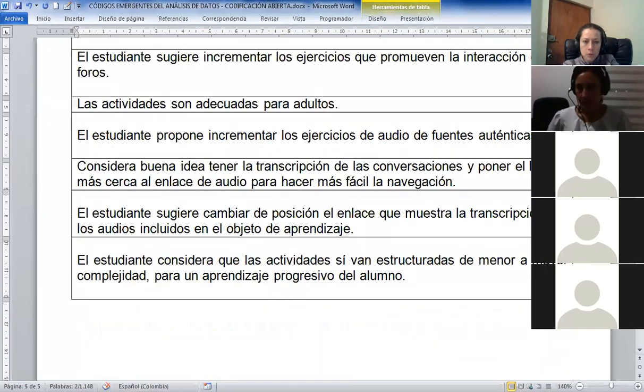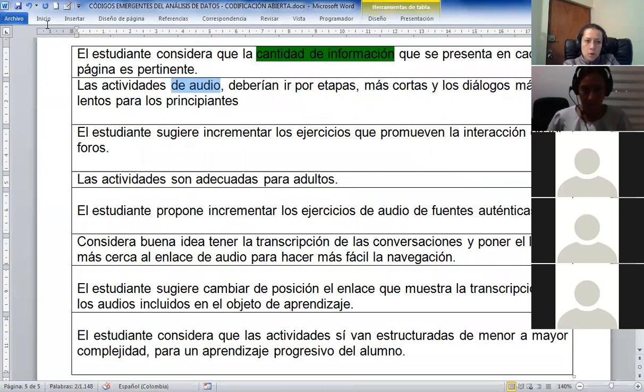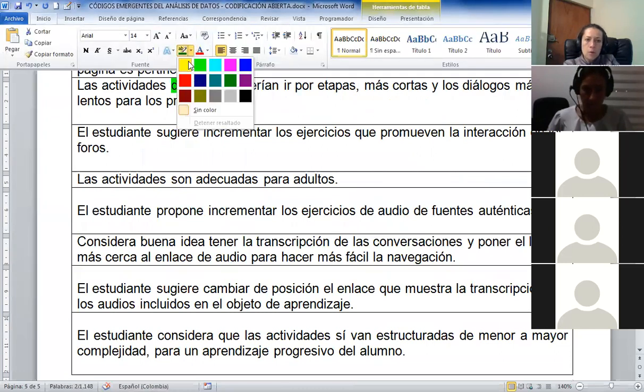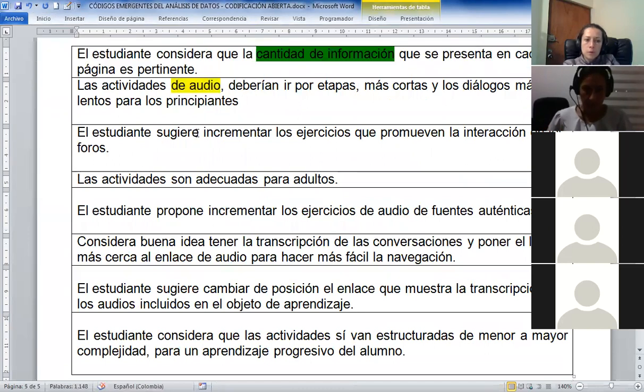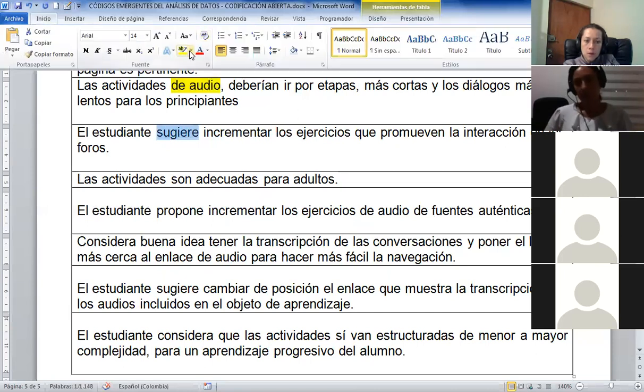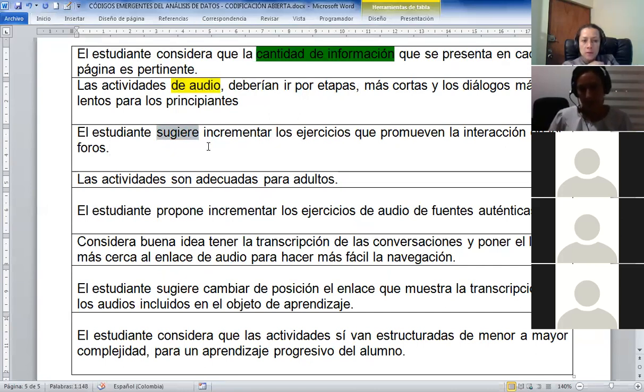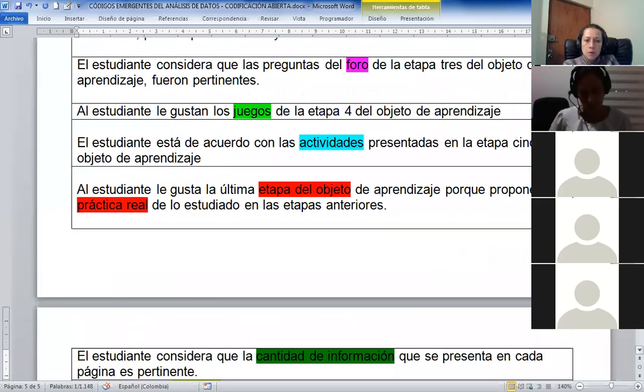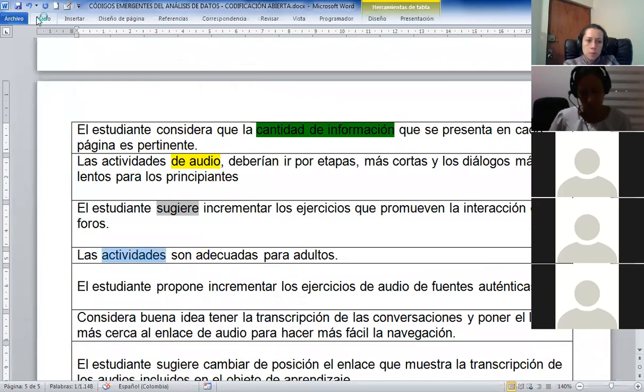Oh yeah, it was in yellow. Suggestions again. This student answered the same questions that was asked to the first student, but mostly answered by giving suggestions to improve the learning object. This one is about activities. Activities in blue.